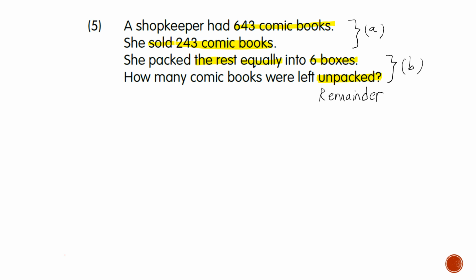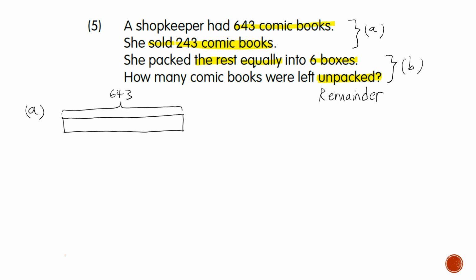For part A, I'm simplifying the problem to make it easier to solve. I will draw a part whole model. There are 643 in total, before anything was sold. 243 were sold, and the rest were packed equally.